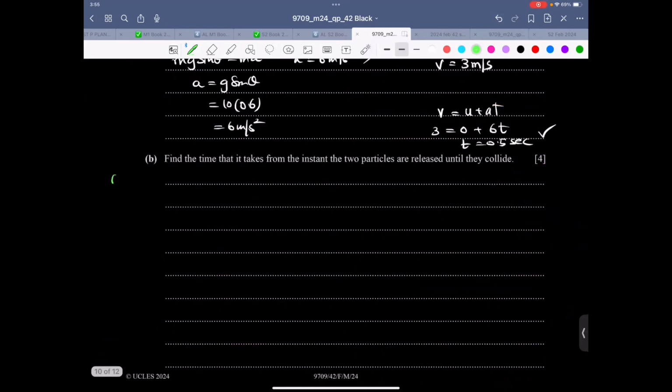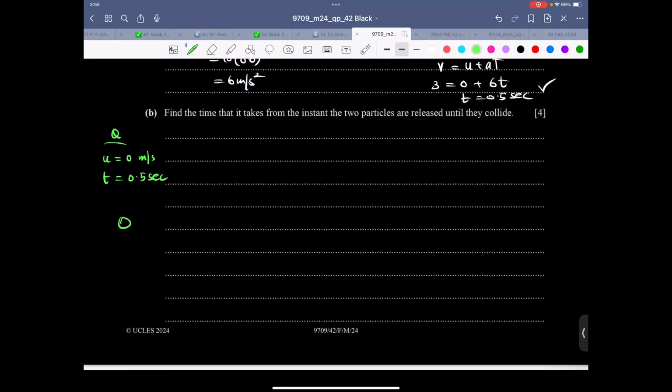So if I work on Q, initial velocity is also 0 meter per second. And this time I'm interested in what is happening after 5 seconds. But before that, what I need to do is to find the acceleration on this rough plane. So we have mg sine theta, and we have F max.